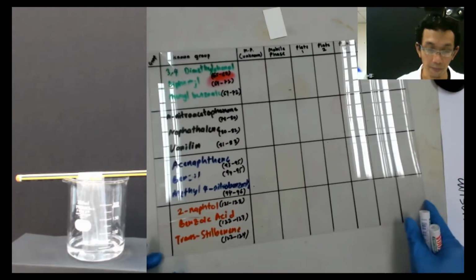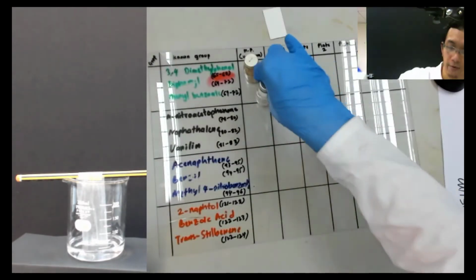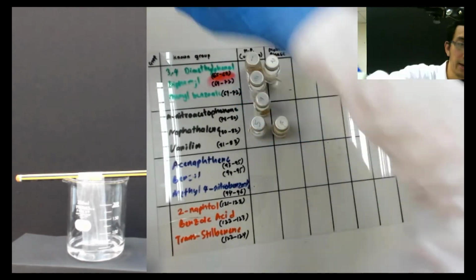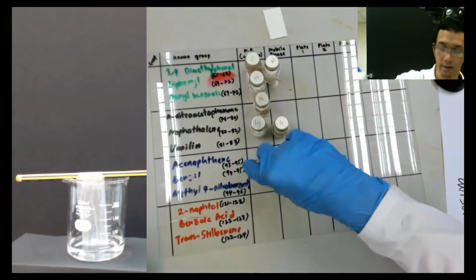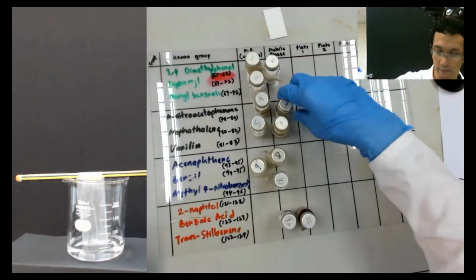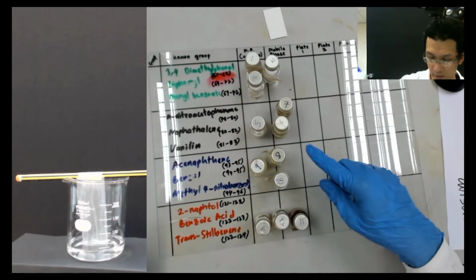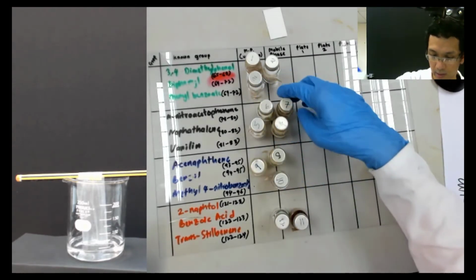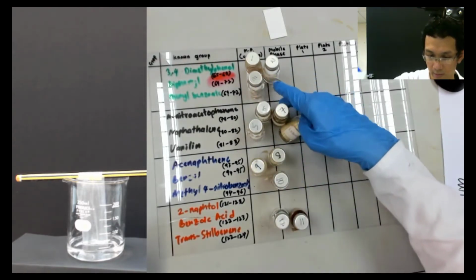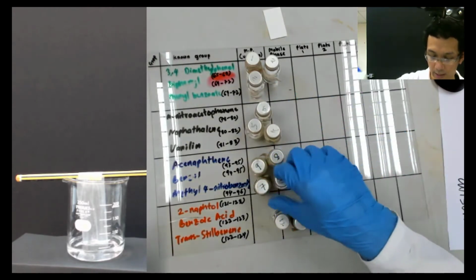Anyway, as you can see here, 1, 2, 3 coming from here, and then 4, 5, 6 coming from here, and then 7 to 11.